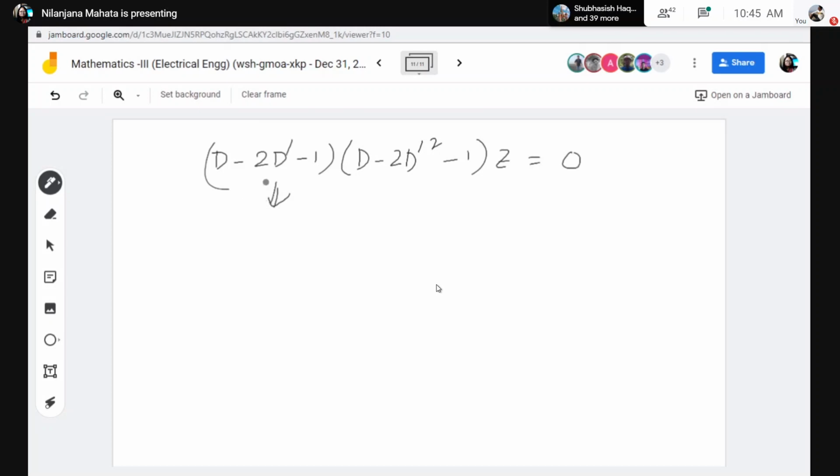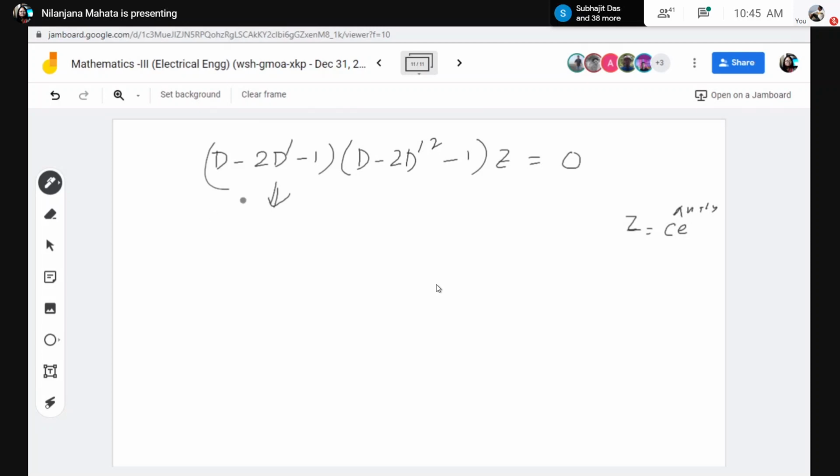The complementary function of this part you can derive using the previous formula, and for this non-reducible part you will take the trial solution z is equal to c e to the power ax plus by.